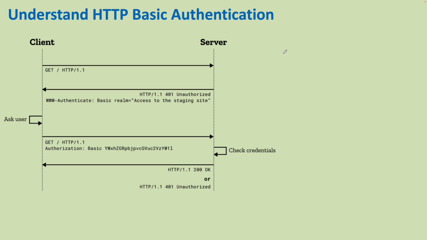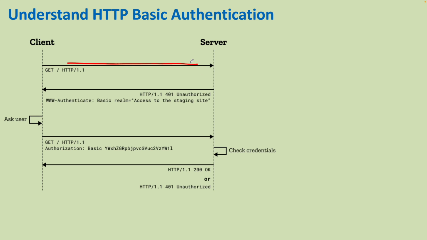This sequence diagram explains how HTTP basic authentication works between a client and a server. You see, firstly, a client sends a GET request to the server to access protected resources.